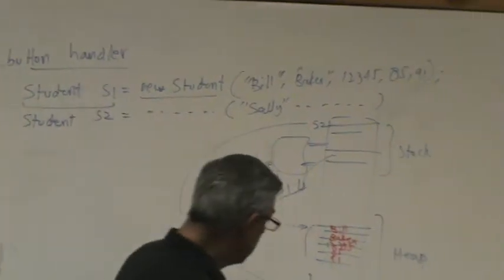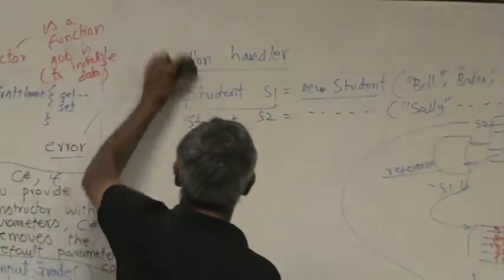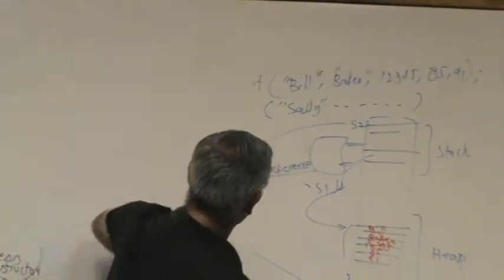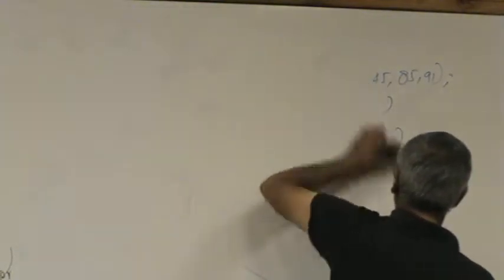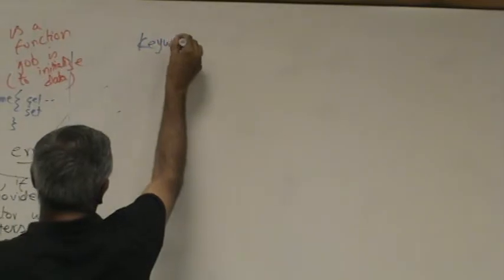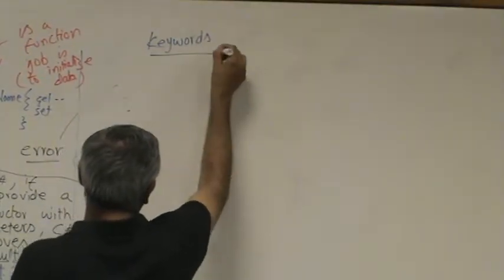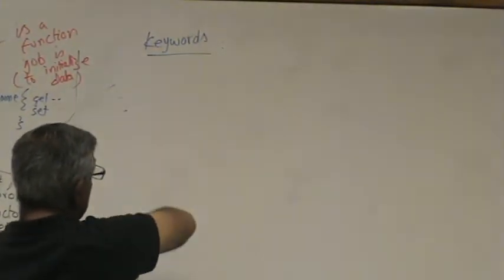Okay, so next concept is, okay, there are a couple of keywords that we use both in C#, sometimes in C++, but also in Java. And those keywords are associated with the class and the methods inside the class.